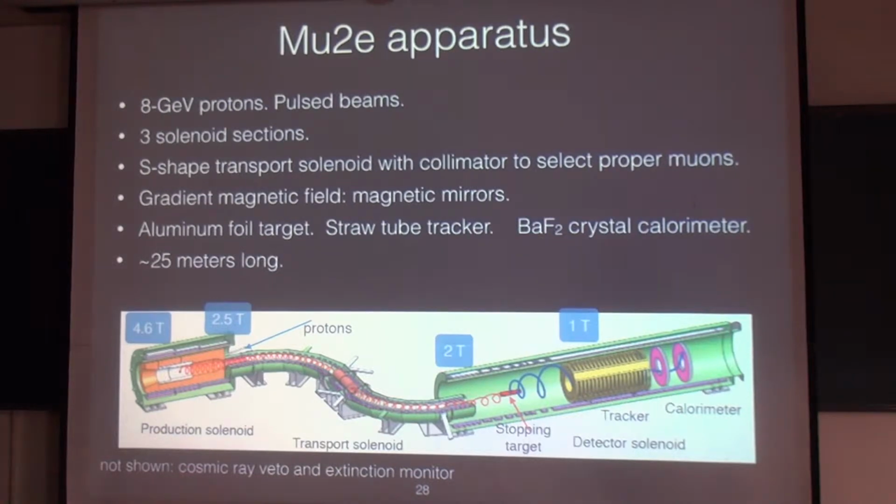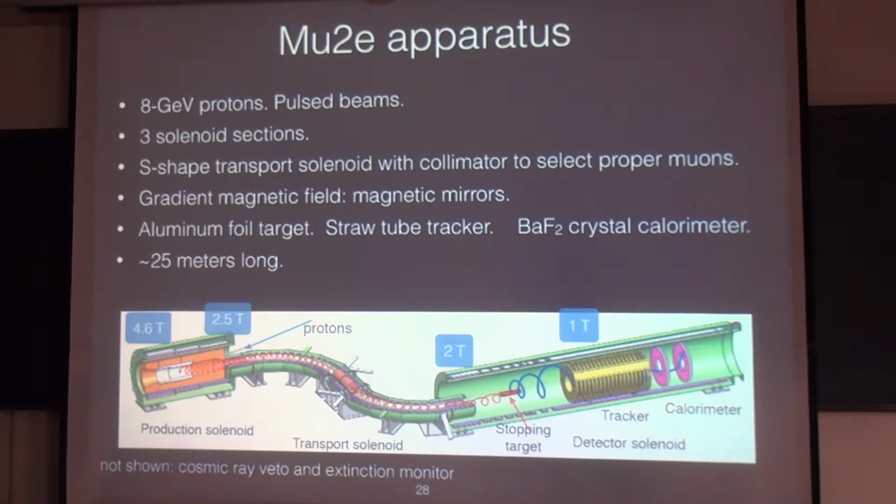Mostly you just want to reduce the background, right? So everything comes here, and you just step away a little bit. So stuff coming out, junk bouncing back, would not directly impact your detector.